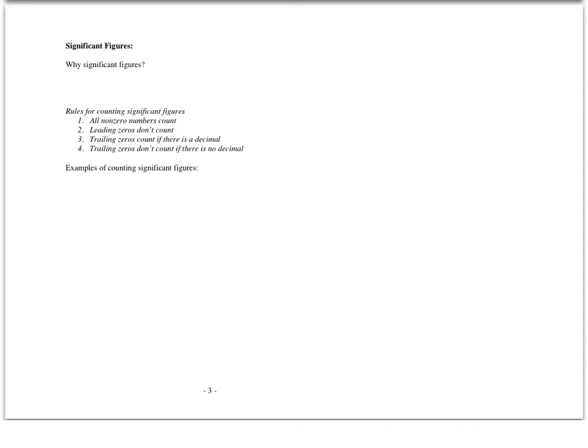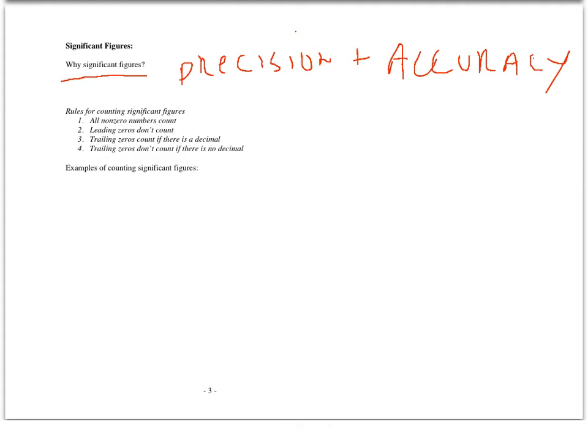Now we're going to get into significant figures. This is an important question. Why significant figures? It's important for precision and accuracy. The one thing I cannot do is add accuracy from any kind of computation.